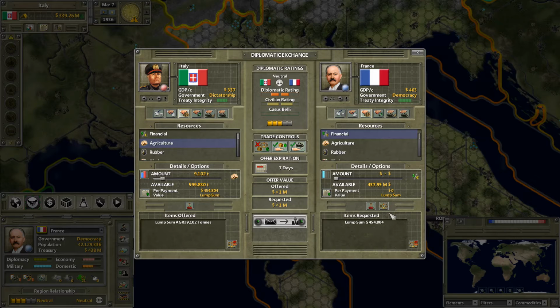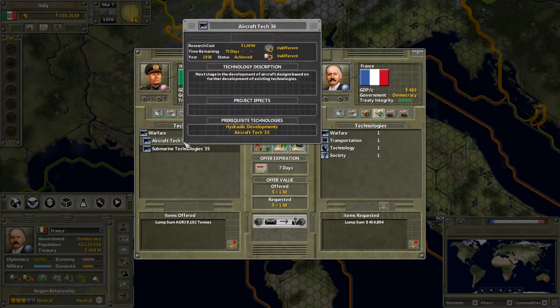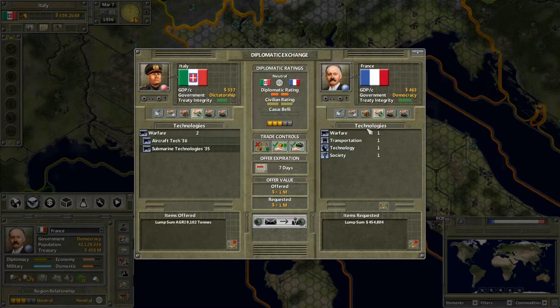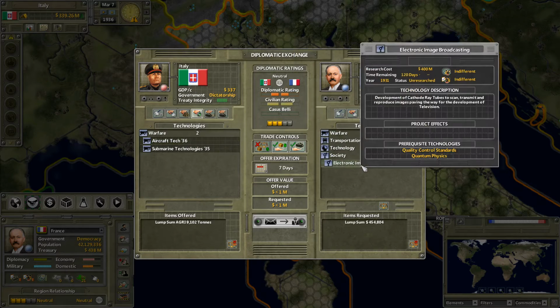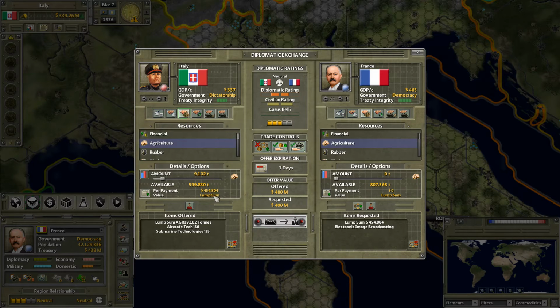Sometimes the best offer is more used in, for example, when you're trying to buy or sell technologies, which we will be touching next. So you can see the list of technologies that you have researched that they haven't and are tradable. Some of the technologies are not tradable, so you can't trade them, obviously. But you can go through the list. For example, electronic image broadcasting. Sure, we might want that. And maybe we'd give 2 technologies that we have, but they still would not accept that.